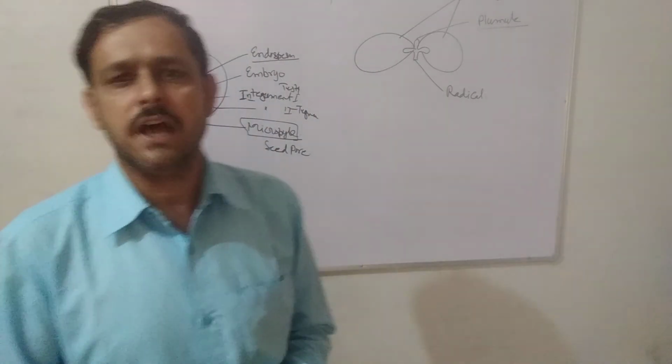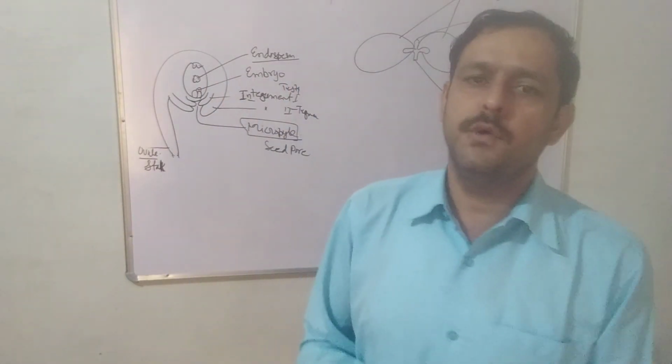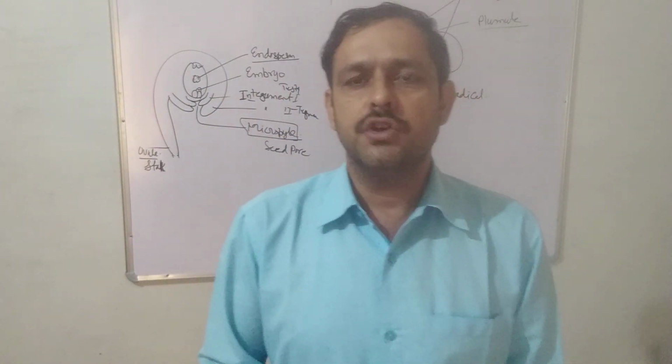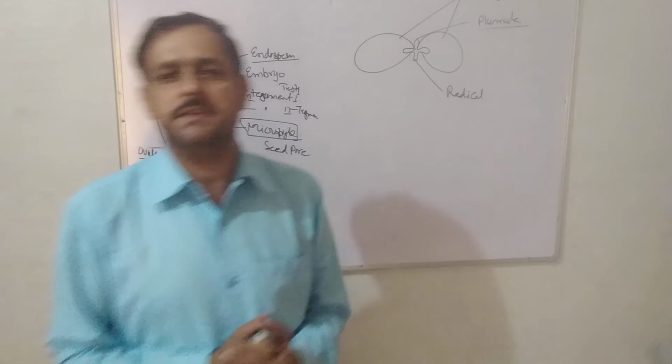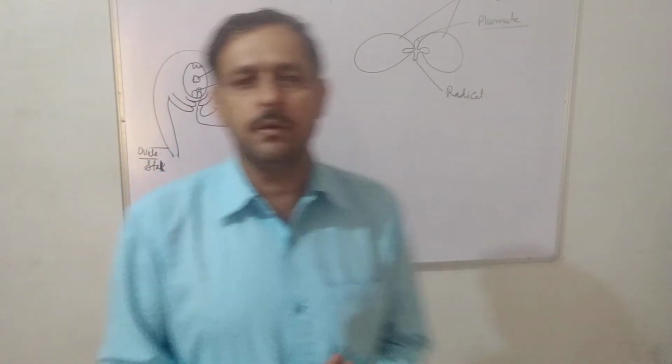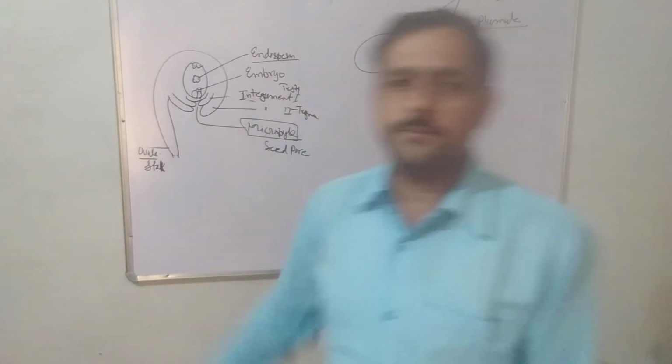The cotyledons are often fleshy and full of reserve food material because they store food material at the two ends of the embryonal axis, present in radicle and plumule. You can see it directly in the diagram.